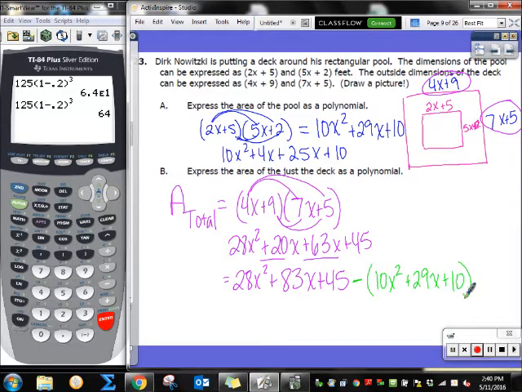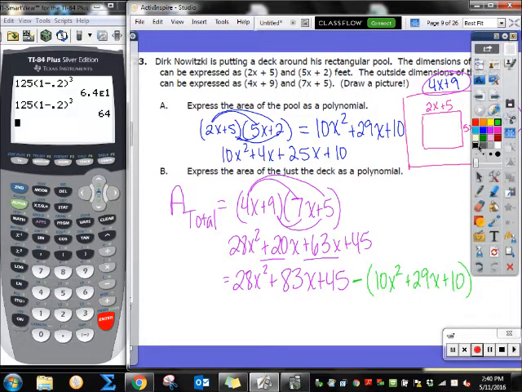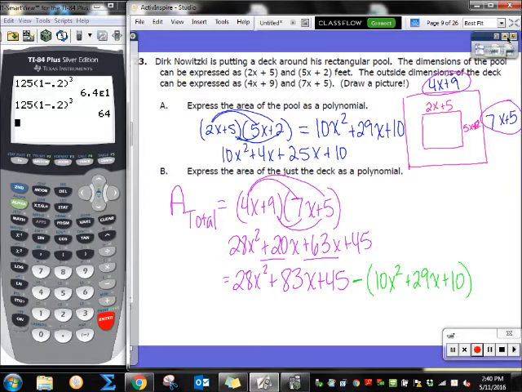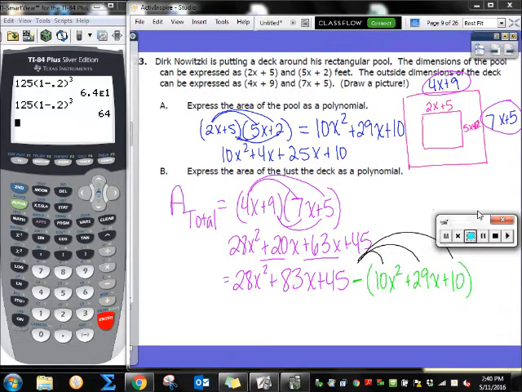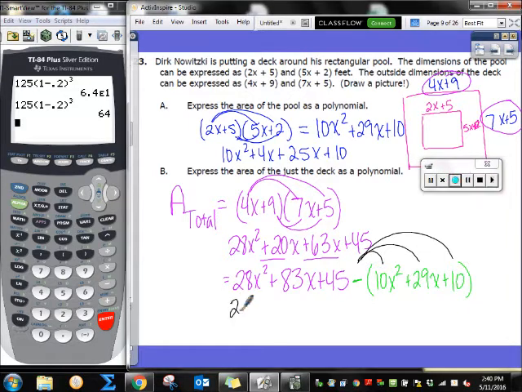Now I put that in parentheses on purpose because that minus applies to all the terms. So you actually need to distribute that. So you would have 28x squared plus 83x plus 45 minus 10x squared minus 29x minus 10.